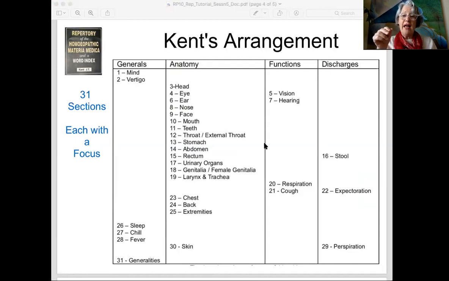So can you find something in the head section for itchy on the scalp?